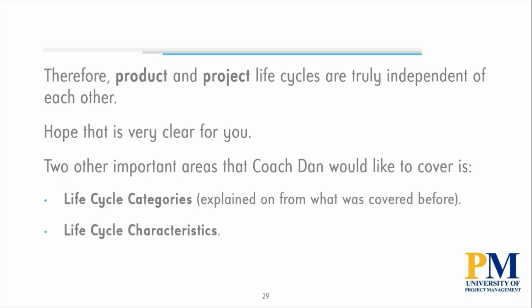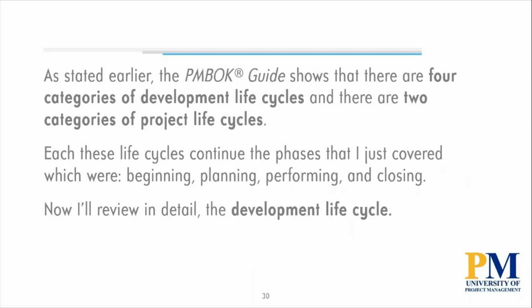Therefore, product and project life cycles are truly independent of each other, and I hope that is very clear for you. But two other important areas that I would like to cover with you are life cycle categories and life cycle characteristics. As stated earlier, the PMBOK guide shows that there are 4 categories of development life cycles and 2 categories of project life cycles.